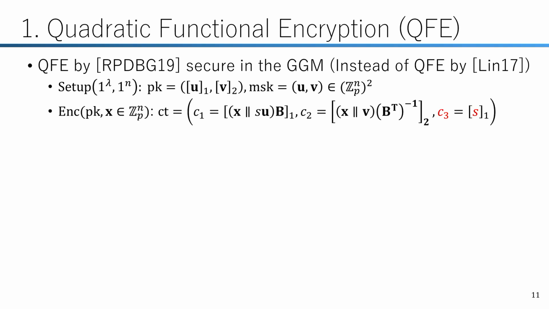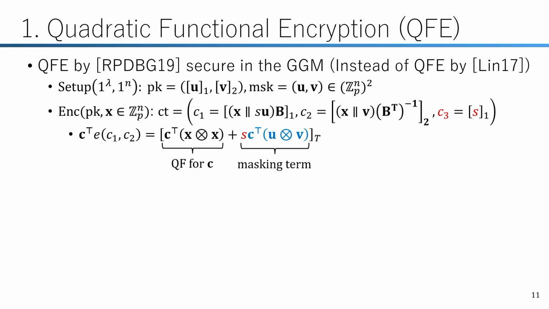And encryption of x is done as shown like this, but the structure of these ciphertexts is not important here. The important thing is that we can publicly compute the quadratic function value for coefficient vector C plus a masking term from C1 and C2 and the coefficient vector C. And other than that, C1 and C2 statistically hide the information of vector x.